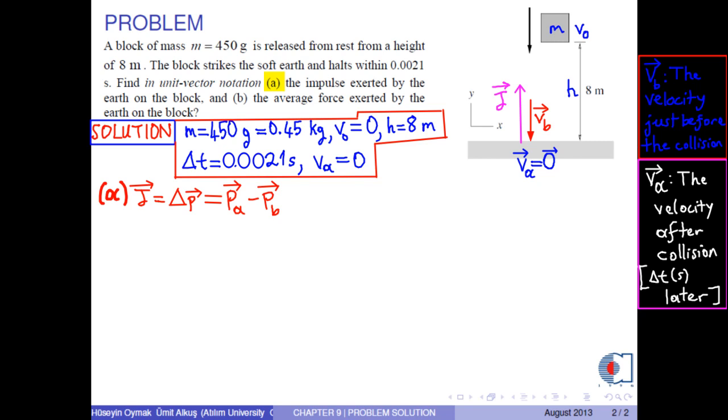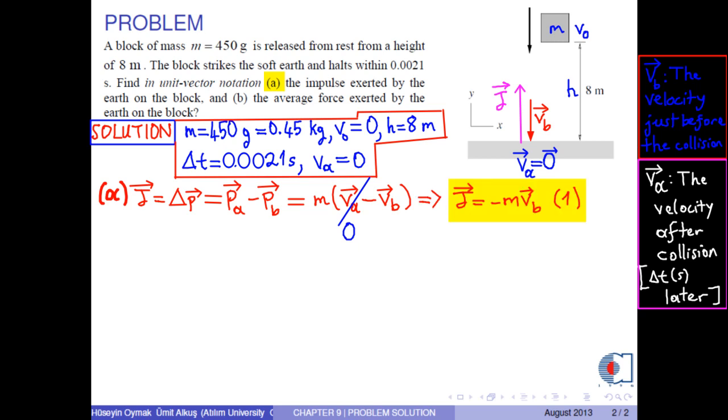Since momentum is mass times velocity, we have the mass of the block times the velocity of the block after the collision minus the velocity of the block before the collision. Because the block halts after the collision, that is, stops, its velocity after the collision is 0. Therefore, the impulse exerted by the earth on the block is negative m times Vb.